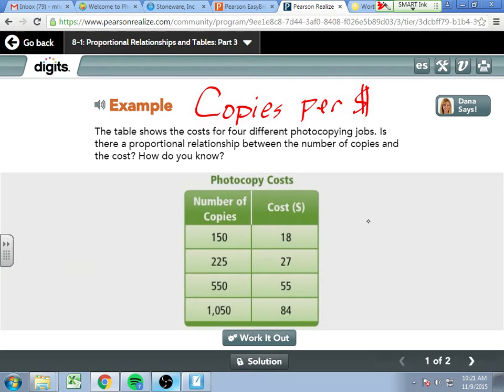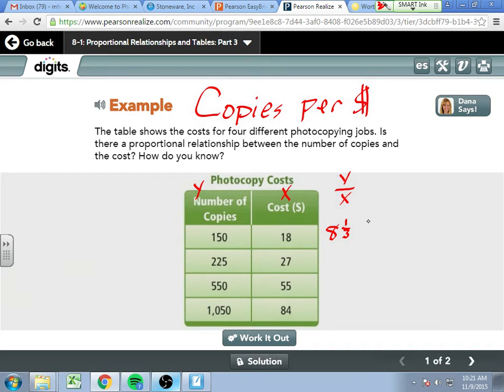So if we do copies per dollar, this will be our y, that'll be our x, and then this would be our y divided by our x. So if we do 150 divided by 18, we get 8 1/3. So we can get 8 1/3 pages for $1. I'm going to jump to the bottom of my table just because I would have to check every situation.